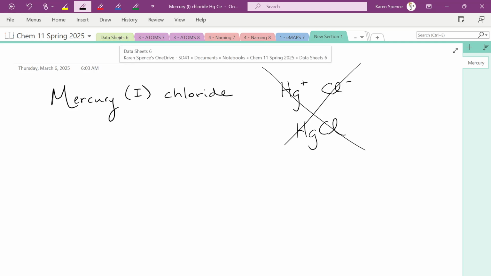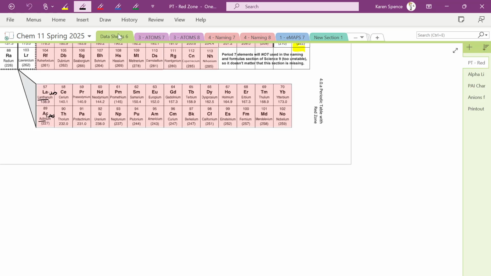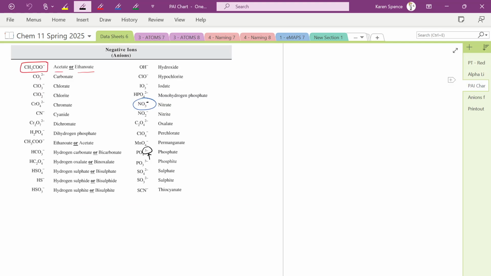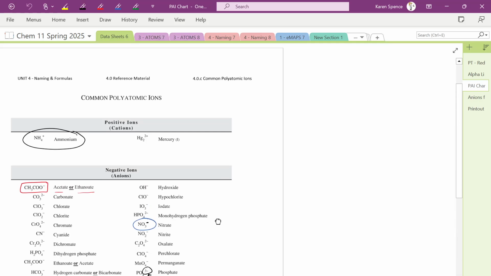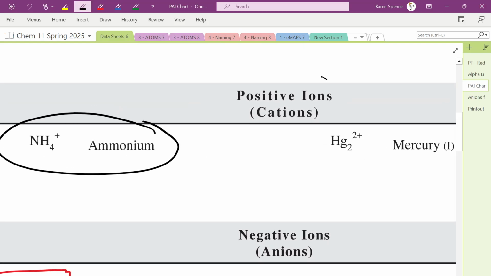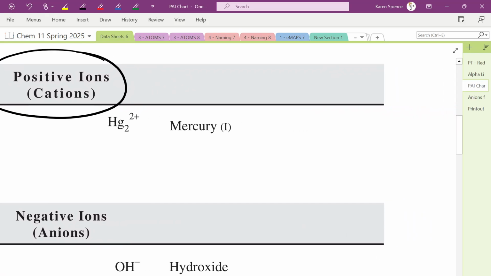And that's because, let's take a look on our data sheets, and we'll look at our polyatomic ion list on the front page of the pink sheet. If we go up to the top, in the positive ions along with ammonium, you can see we also have mercury 1, which is given as Hg2 2+.